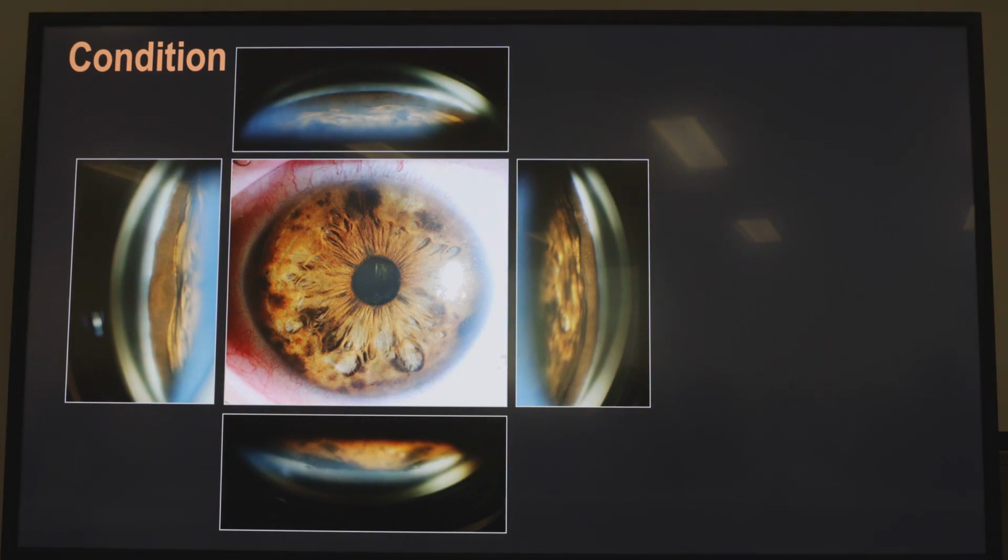There is one big condition, obviously, if you're treating melanoma patients: you have to be absolutely sure that your melanoma is under control, that there are no cells from inside or outside. We had lots of difficulties getting this paper accepted in the BJO.